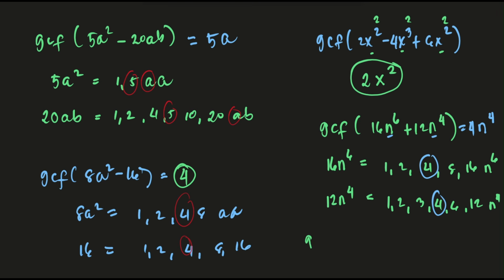Find the GCF of 30xy minus 20x to the power of 3 plus 40y squared. Now, you will notice that for each numerical coefficient, their largest common number is 10. So we have to write down 10 here. Next step, was x present in each term? No. Was y present in each term? No. Therefore, the GCF of this polynomial is just 10.